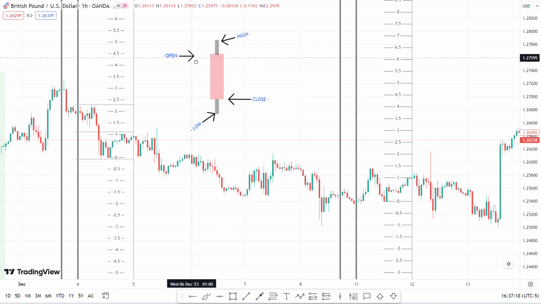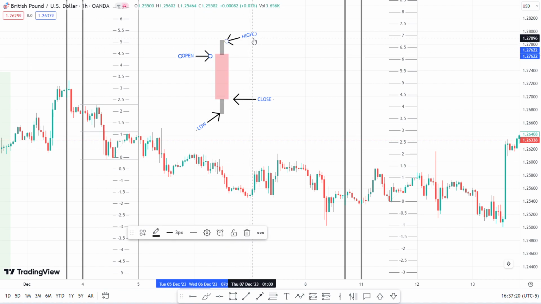So now you know high, open, close, low. It goes open, expands up to the high, goes down to the low, and goes back into the range to close. That's usually how the candlesticks are formed on any time frame.